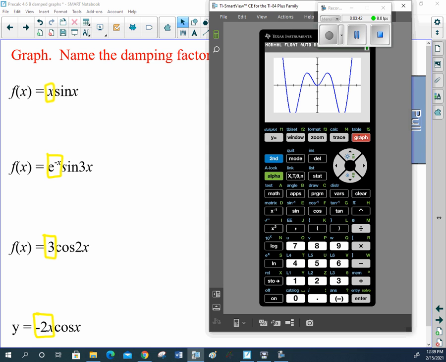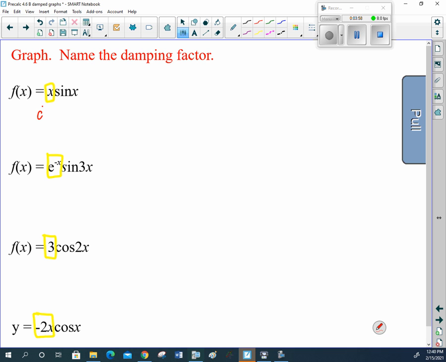You can see this one as x goes to 0 from both sides, from negative infinity to positive infinity in the x direction, the y values approach 0. So that's what's happening on that one. But our damping factor was just x. So let's put that here.